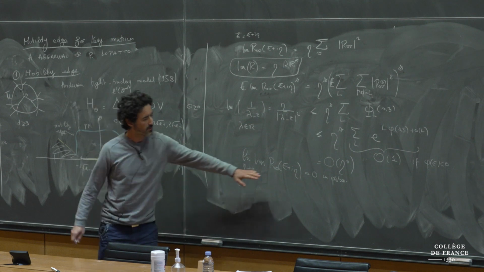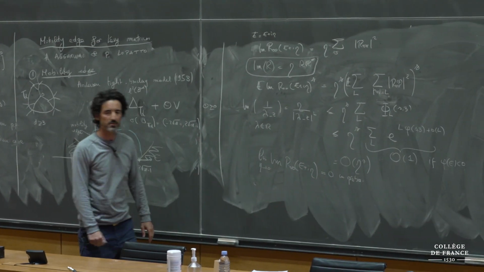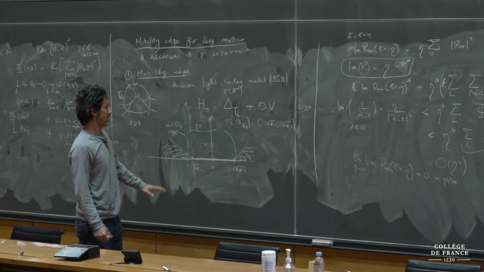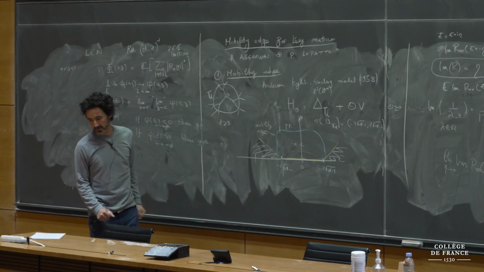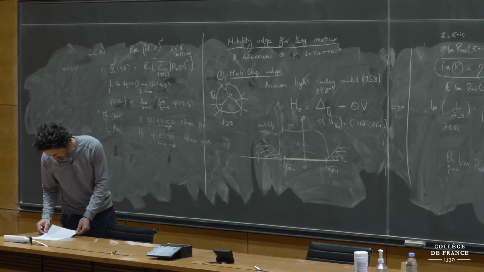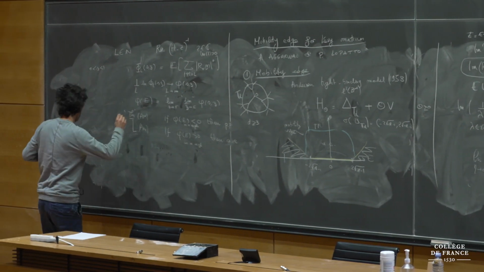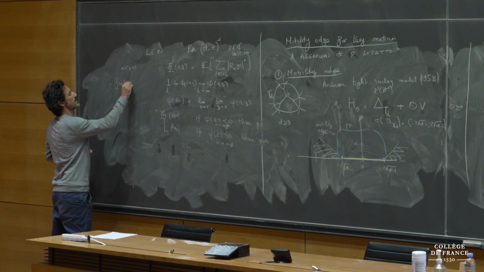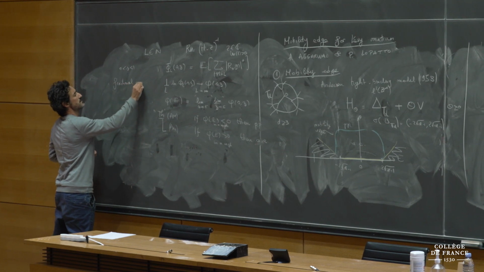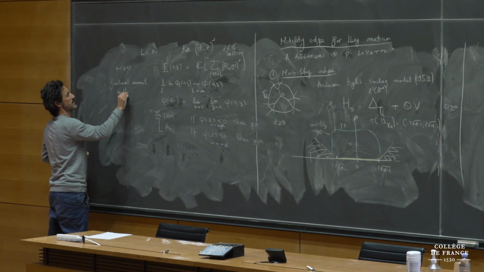Okay, so this is not quite as strong as being pure point, but this goes in the good direction. And there is a converse, which is much more involved, which goes the other way around. So this is called the fractional moment method, by Aizenman.